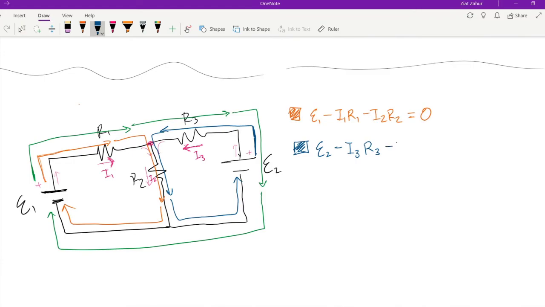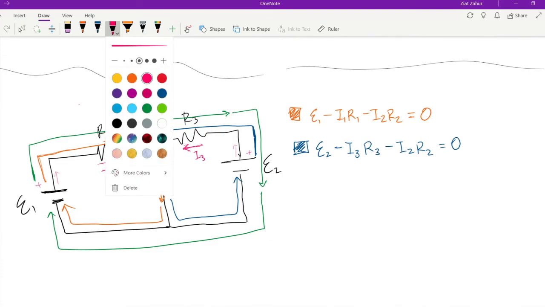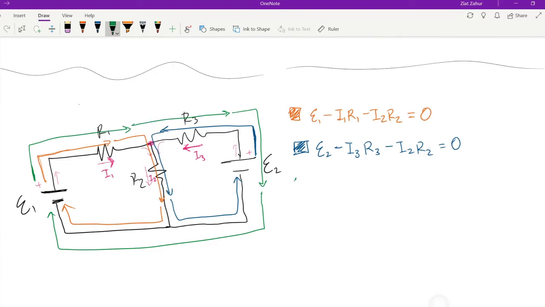And then we'll subtract I2 R2, and it also equals 0. We're done with our loop, so it must equal 0. All right, now for the more complicated green loop. Okay. We'll start with our first battery, epsilon 1.